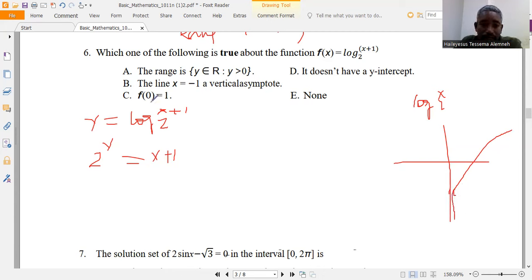Therefore it becomes 1 is equal to x plus 1. So x is equal to 0. Therefore, the x and y intercept is (0, 0). The intercept point is (0, 0).